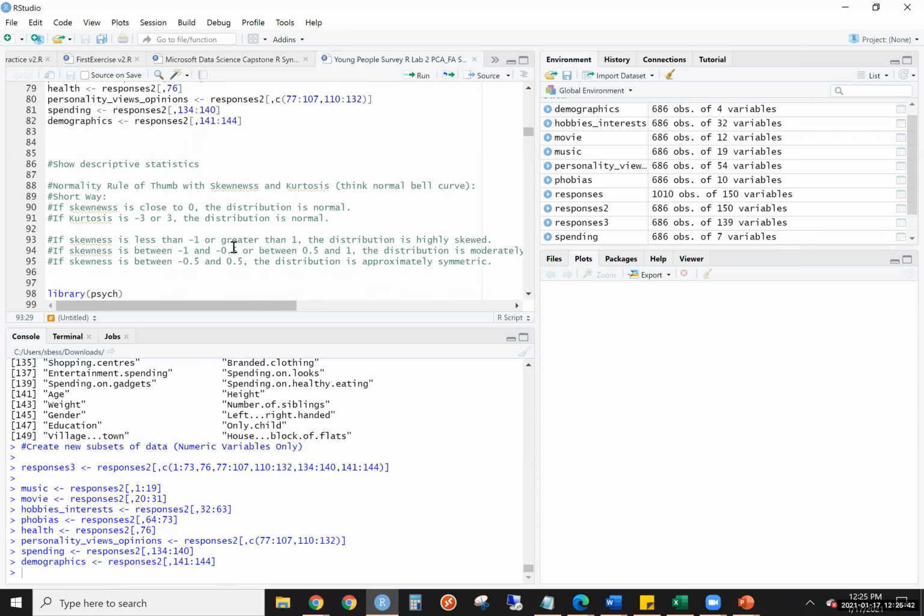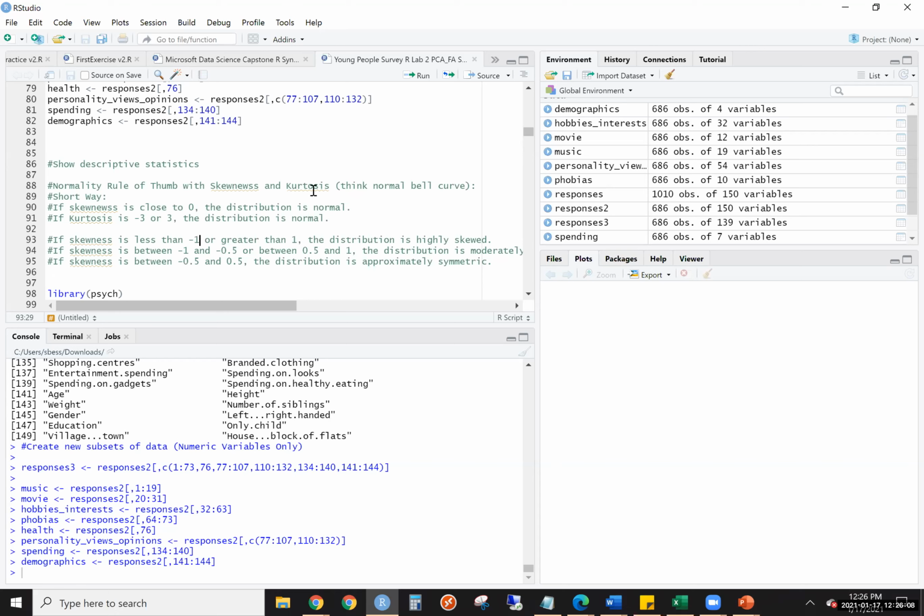So as I mentioned in previous weeks, one way to check normality is using the Shapiro-Wilk test, only if you have less than 1,000 subjects. If you have 1,000 to 3,000, you can use the Anderson-Darling test of normality. You can also use visualizations of histograms overlaid with normal curves or box plots and things like that.